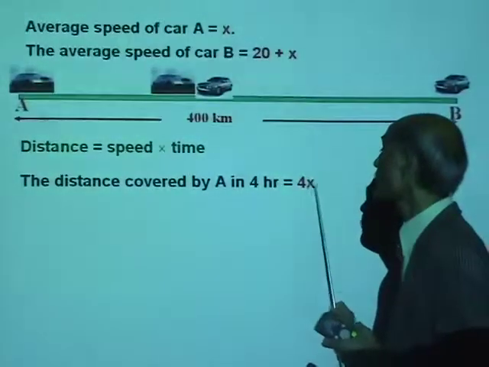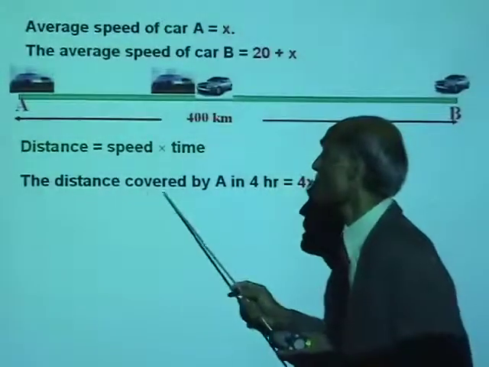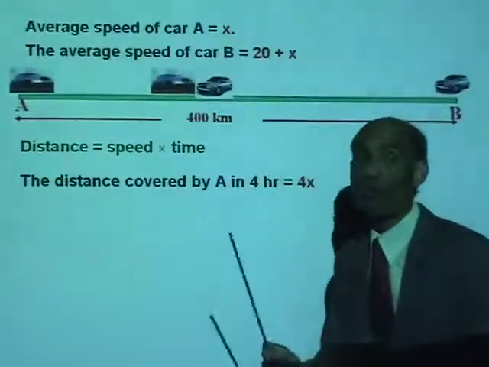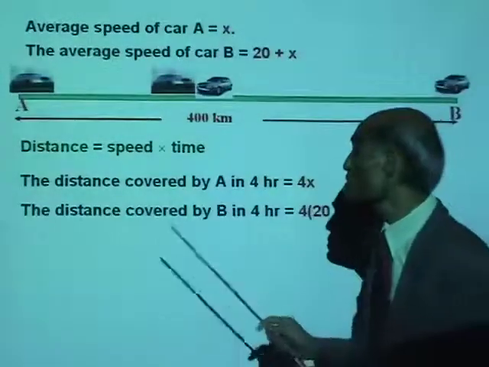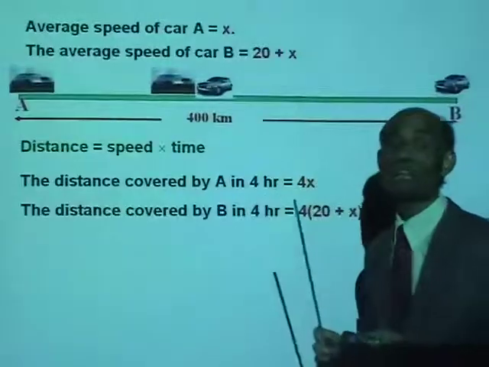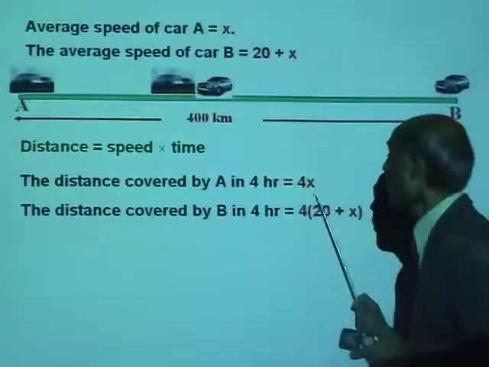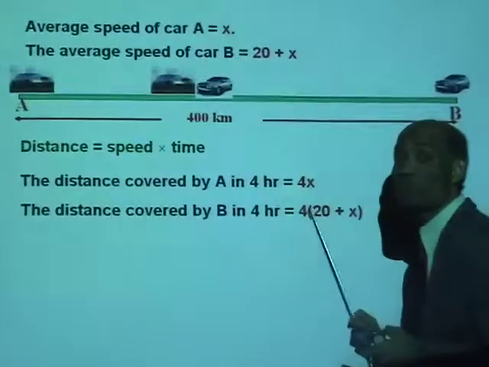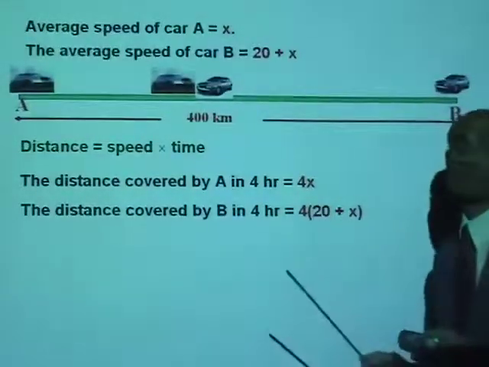Average speed is x. The time is 4 hours. The distance covered by A is 4x kilometers. What is the distance covered by B in the same time, in 4 hours? It will be 4 multiplied by its speed. The speed of B is 20 plus x.